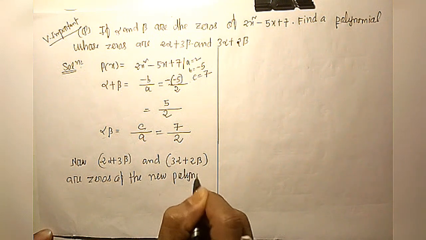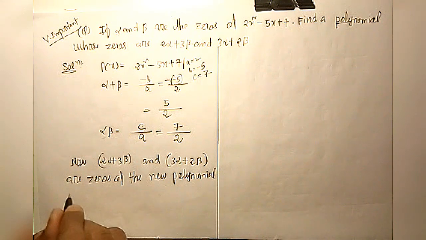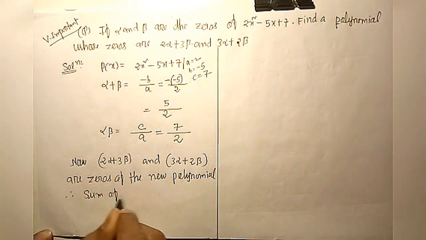That means we find out a polynomial. So we consider it as the new polynomial, and these are the zeros of the new polynomial.